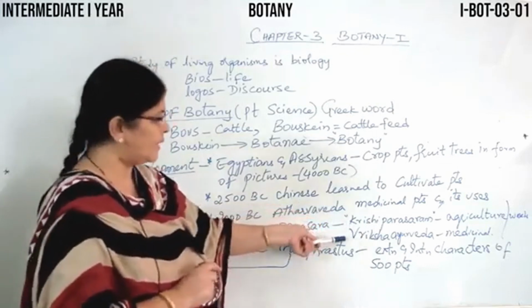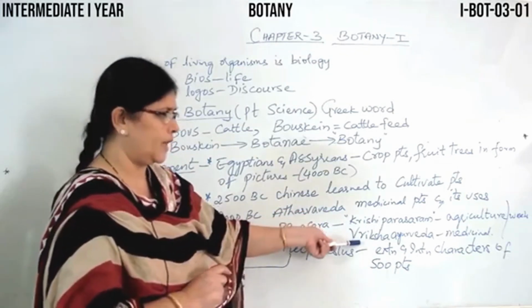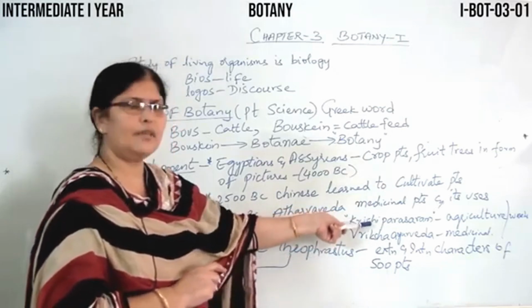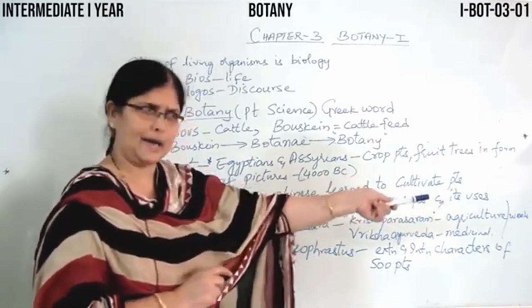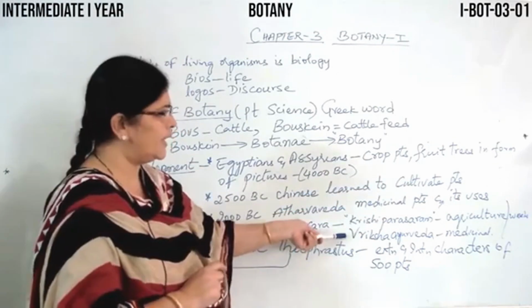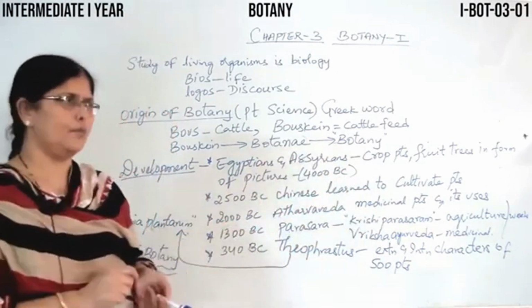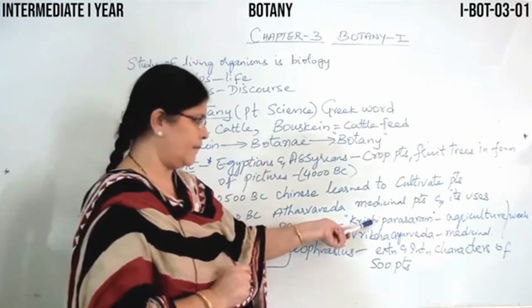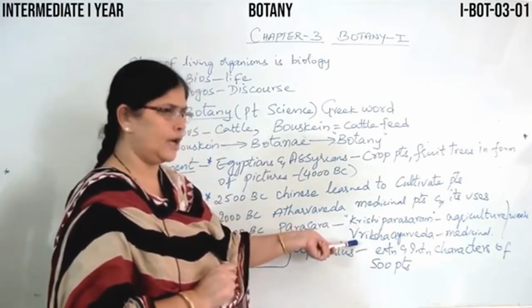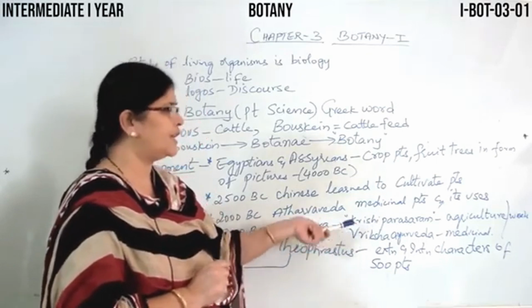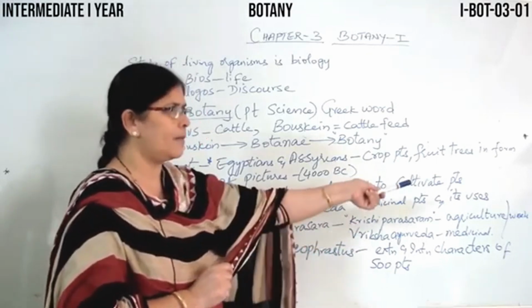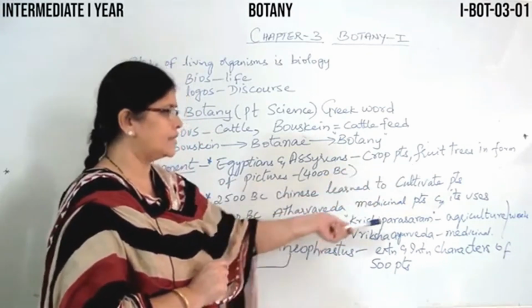The other one is Riksha Ayurveda. The first book deals with agriculture and weed plants, whereas the second book deals with all the medicinal plants.